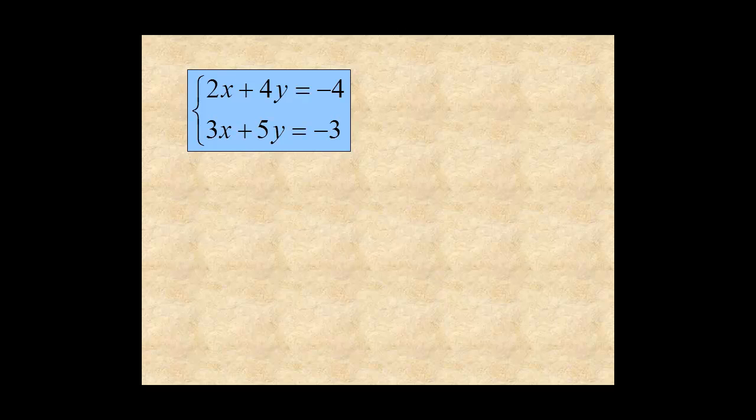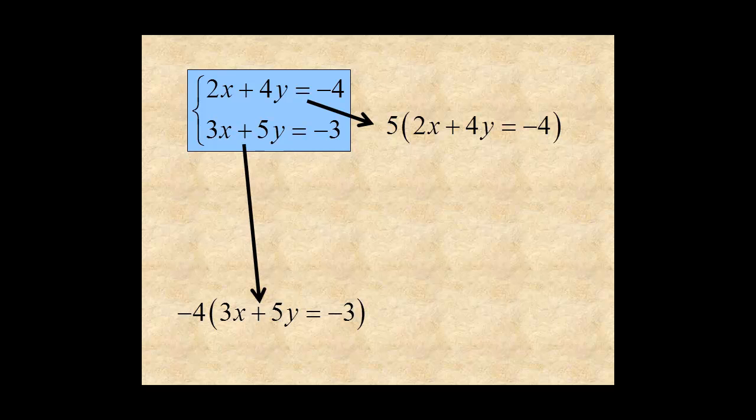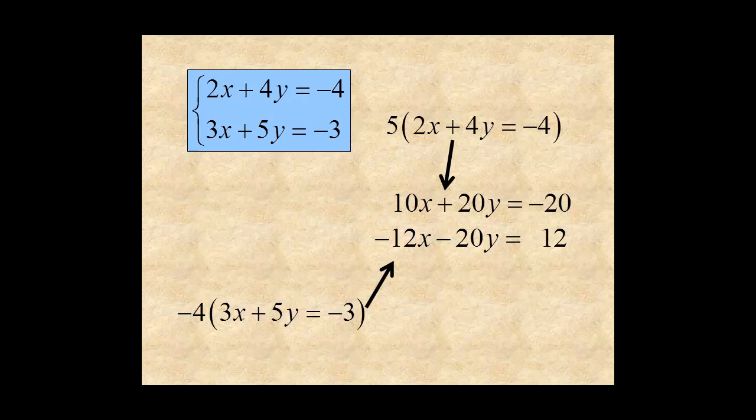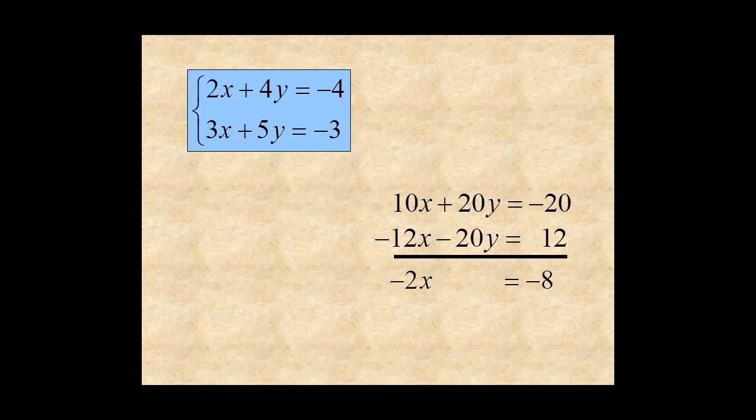In the second example, both equations were changed. The first equation was multiplied by 5, and the second equation by -4, so that when the equations were added together, the y variable was eliminated, and you solve for x.